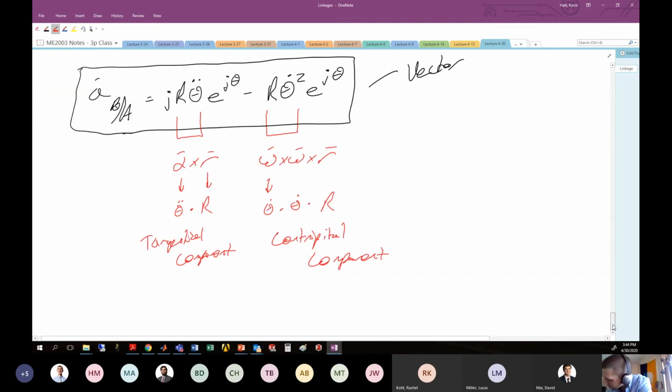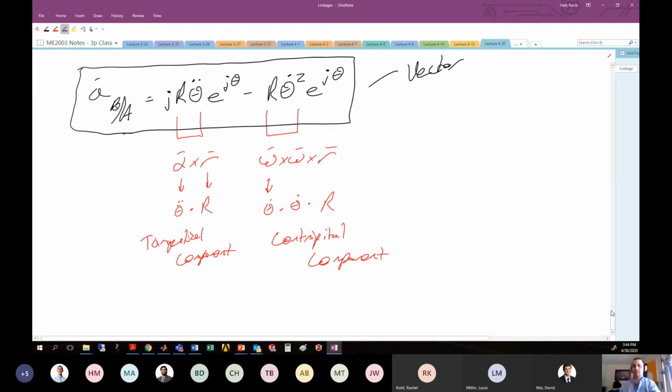So there we go. These are like the magnitudes. Here's a magnitude, here's a magnitude. And your direction is contained in this and this, as well as this. All right, there's where your direction is contained.